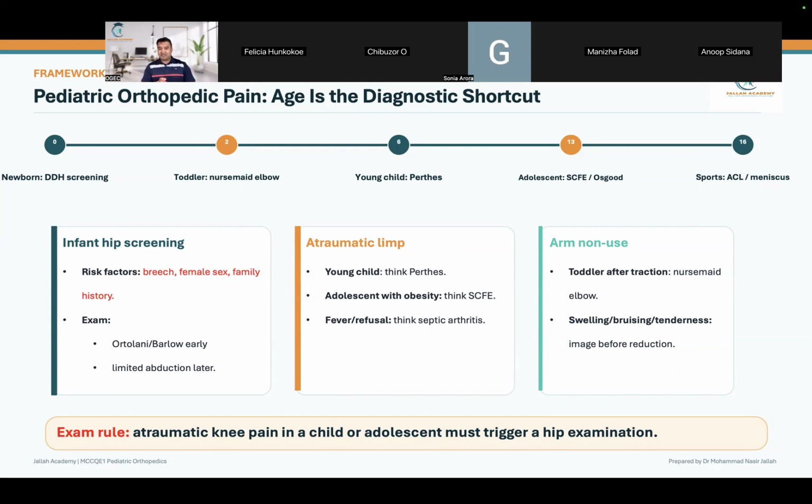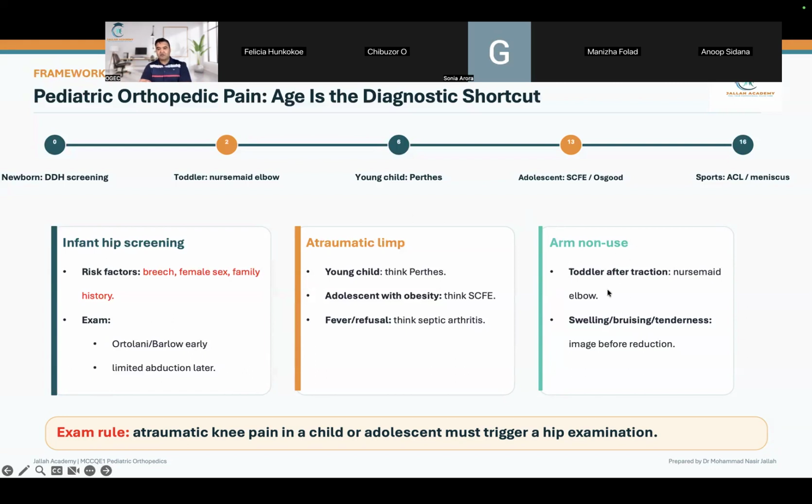And if the patient has fever and refusal to walk, and passive range of motion is resisted or makes pain worse, think about septic arthritis. In most cases they might have fever, but in some cases not, so don't be fooled by the absence of fever.